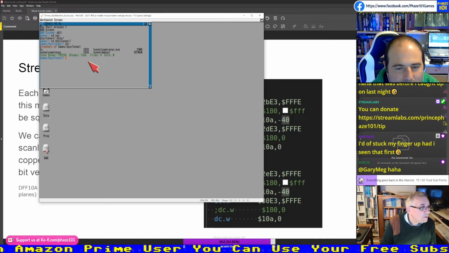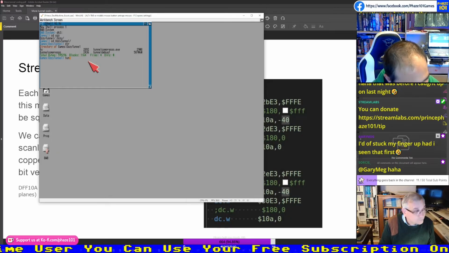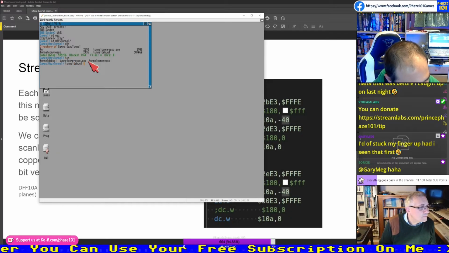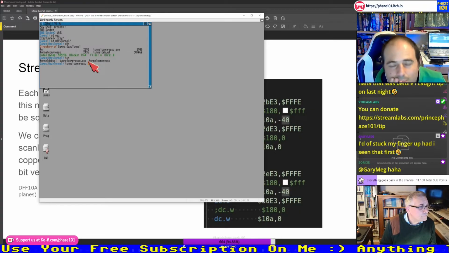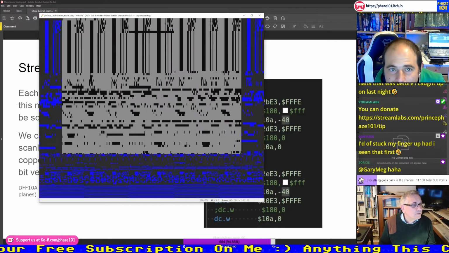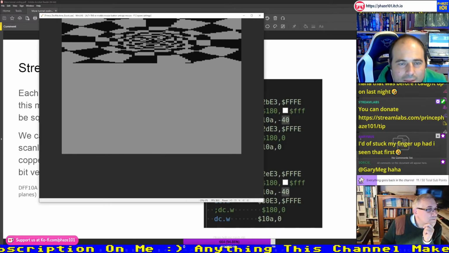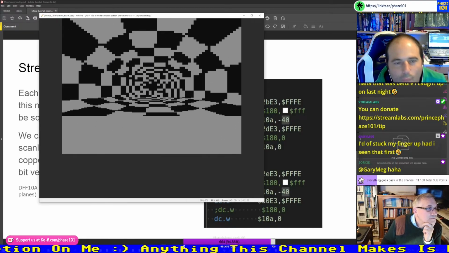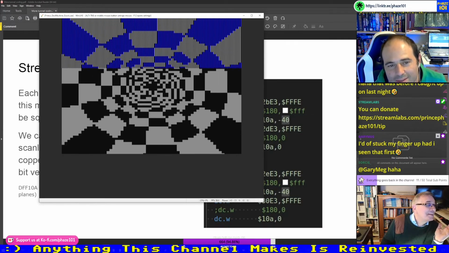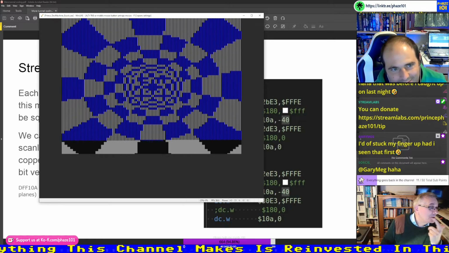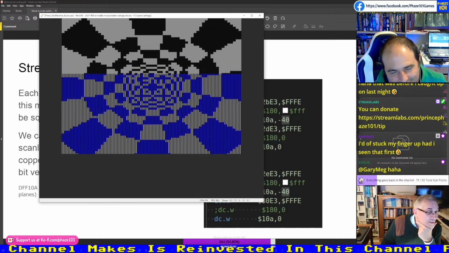I'm there. I just need to run it. Tunnel. There you go. Let me see. Yeah, I thought it's 68030. I told you, because I do not have a working Workbench 1.3 right now.